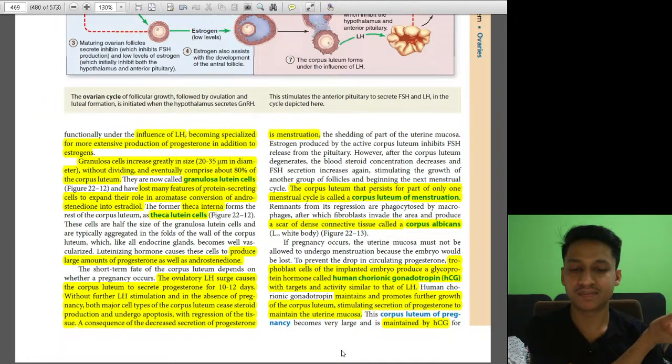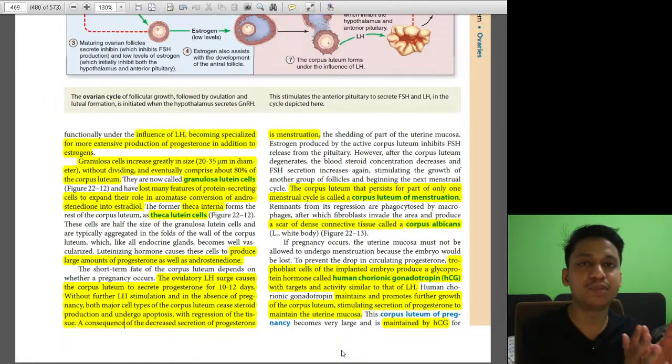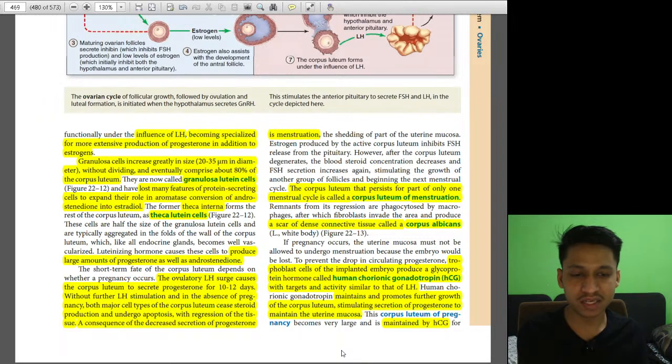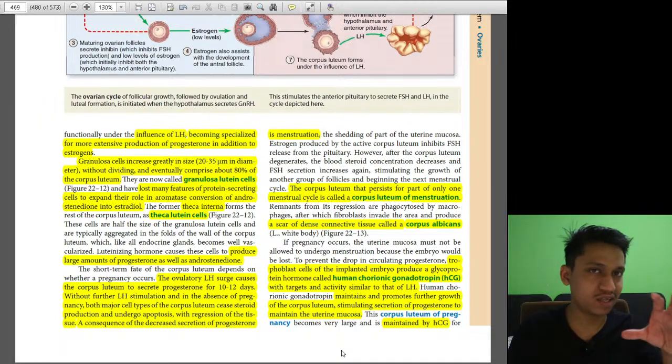Progesterone is required to keep the endometrium thickened, but as the progesterone decreases, the endometrium is not going to stay thickened and it starts shredding. We'll study each day of the menstrual cycle and what changes take place.